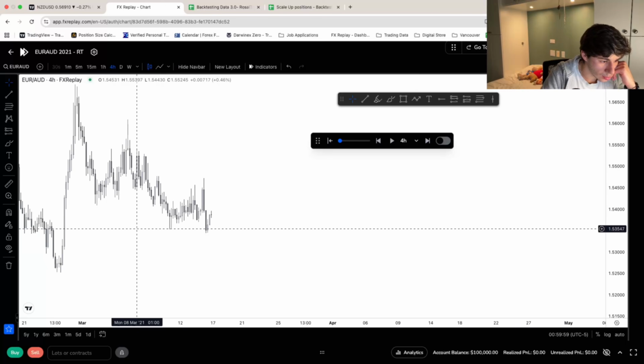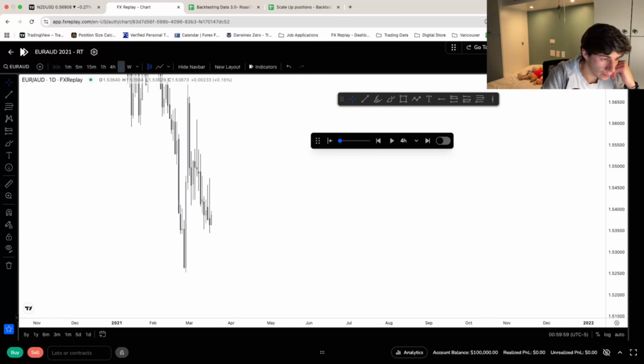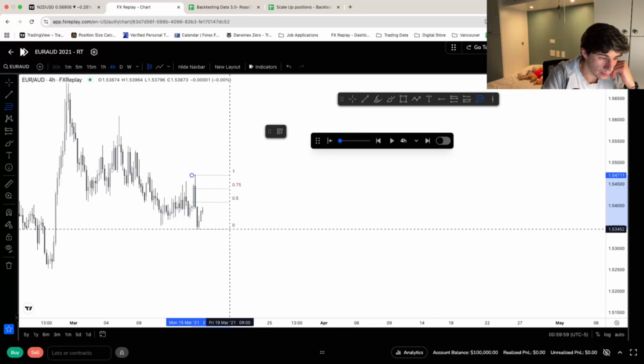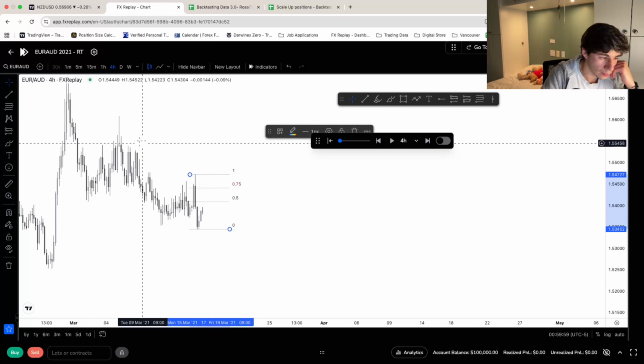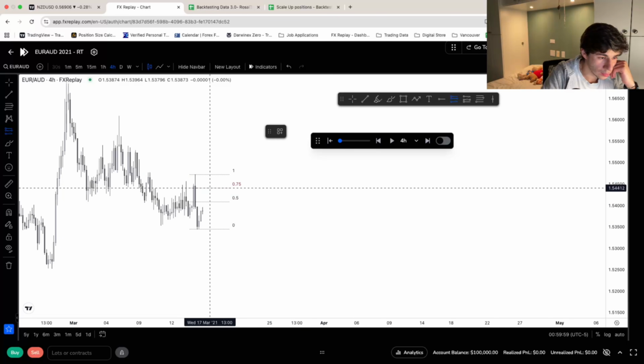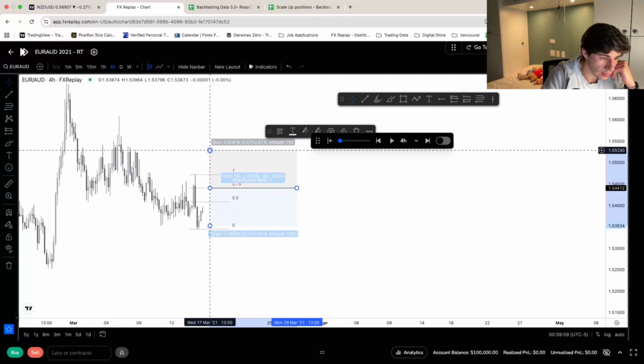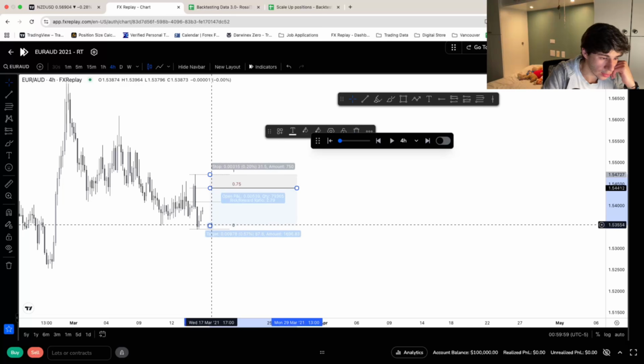See this one. This is aggressive, 100%. It is very aggressive, but fuck it. Let's take it. Why not? The break of structure is minimum, literally, but there is a break of structure with body closure, so let's take this one.